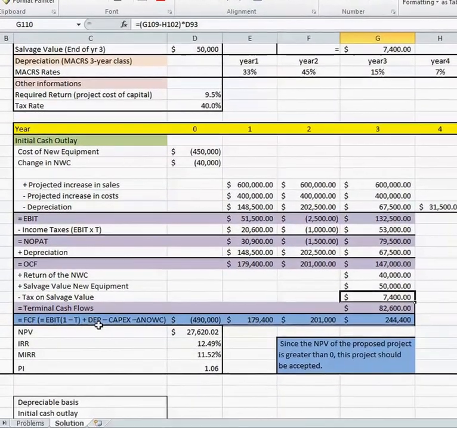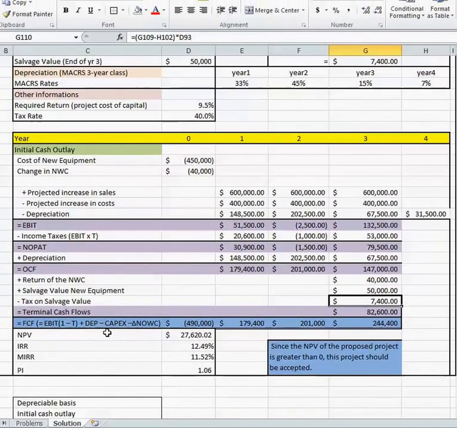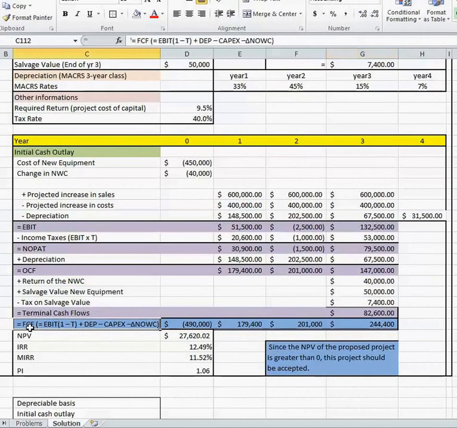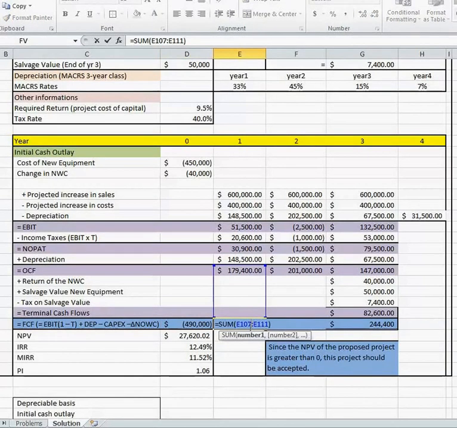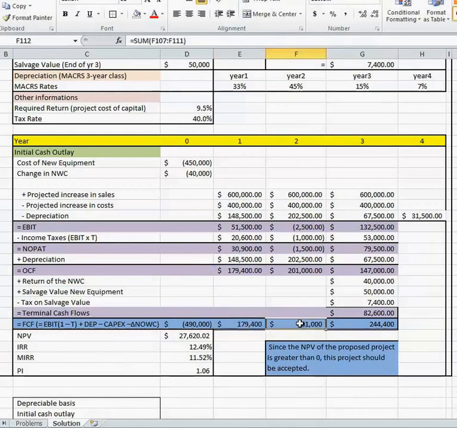Okay, now let's do the final part of this project. Now let's calculate the free cash flows. It's straightforward. Initial cash outlay is the money you're going to put aside when you start this project. The first year, the free cash flow is basically equal to the operating cash flow. Second year, same as the operating cash flow.